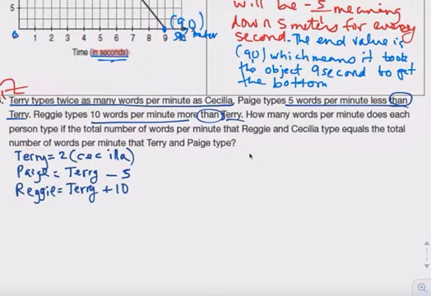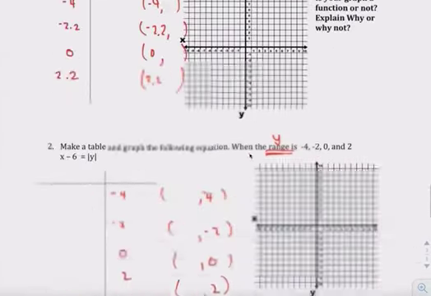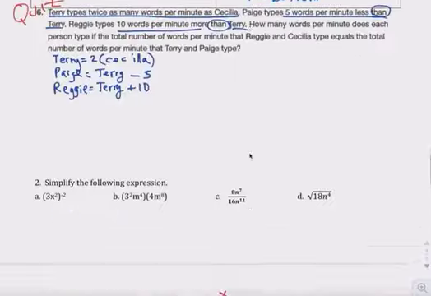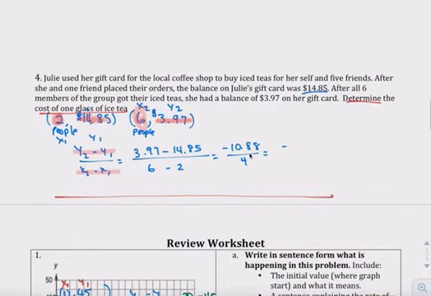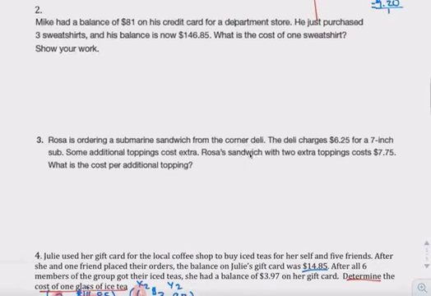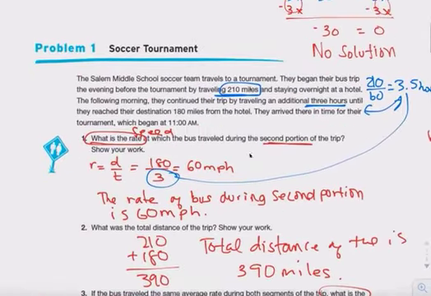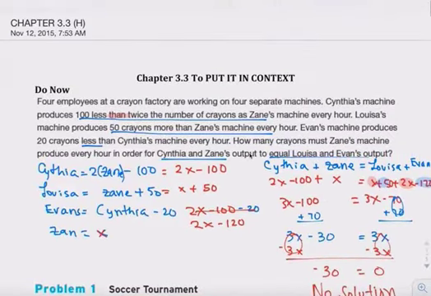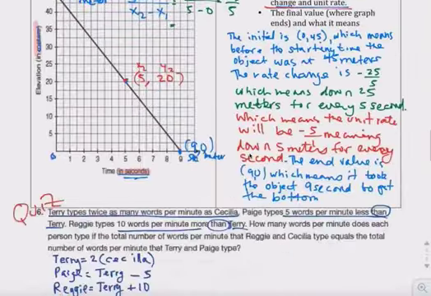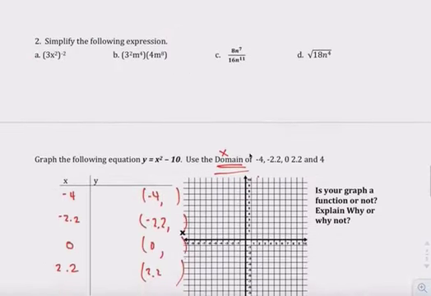How many words per minute does each person type if the total number of words is the same? Now on the quiz, it'll be equal to a certain amount. Is this the right one?